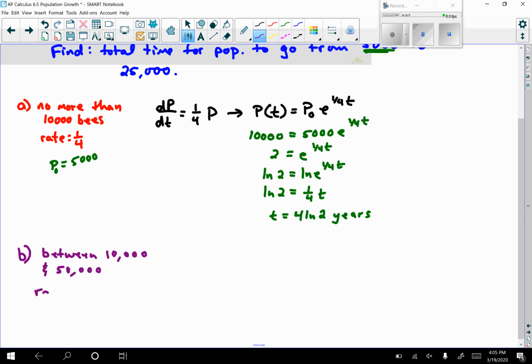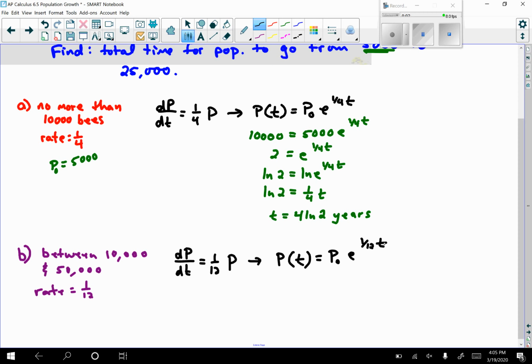The rate is 1/12. So now, in this case, we're going to say dP over dt is equal to 1/12 P, which leads us to a function. P of T is equal to our initial population times e to the 1/12 T.